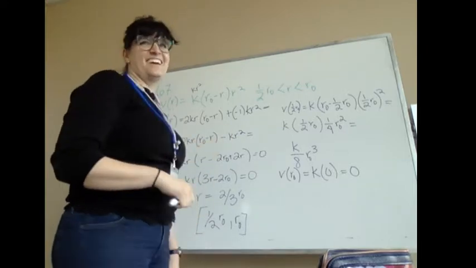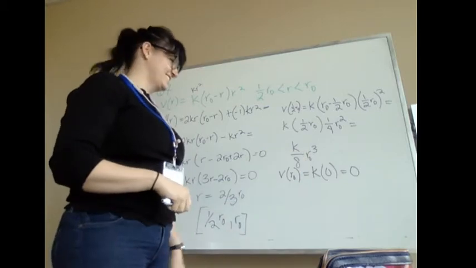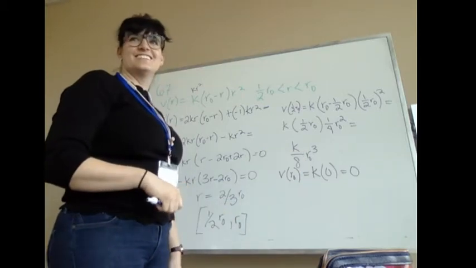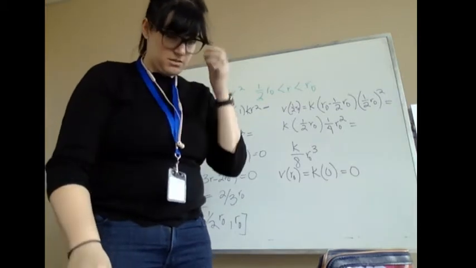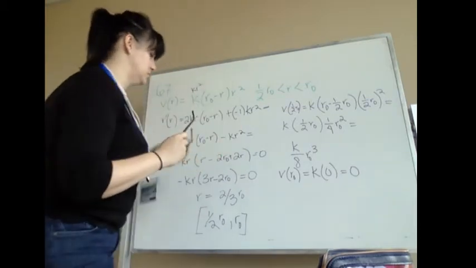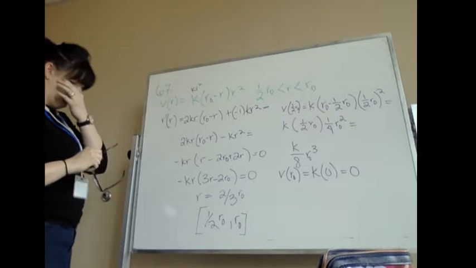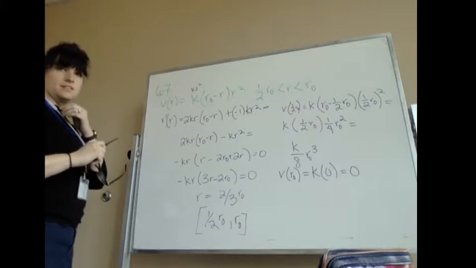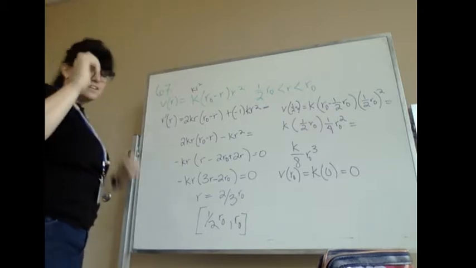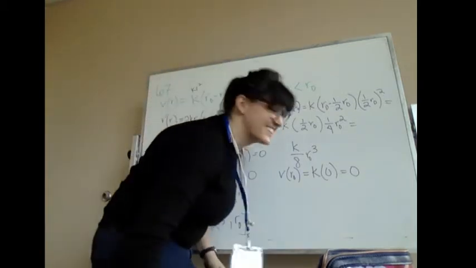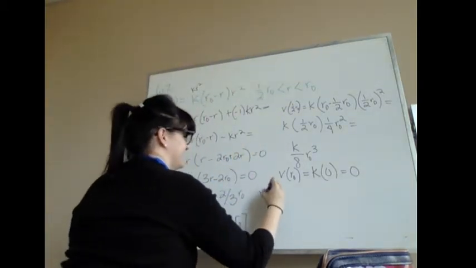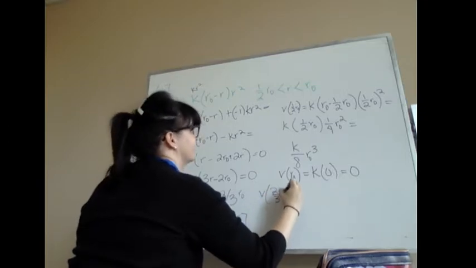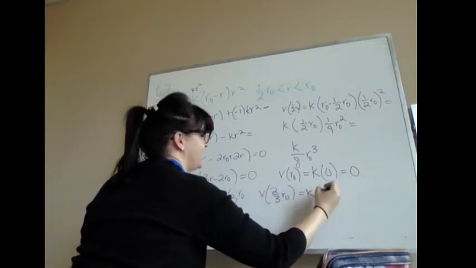I don't know how to compare R naught cubed to 2/3 R naught. You plug that into the button. 2/3 R naught equals... Okay.